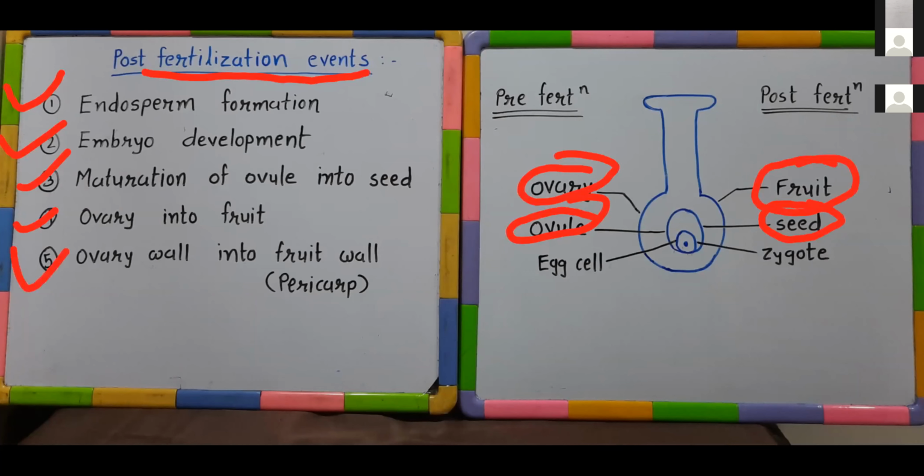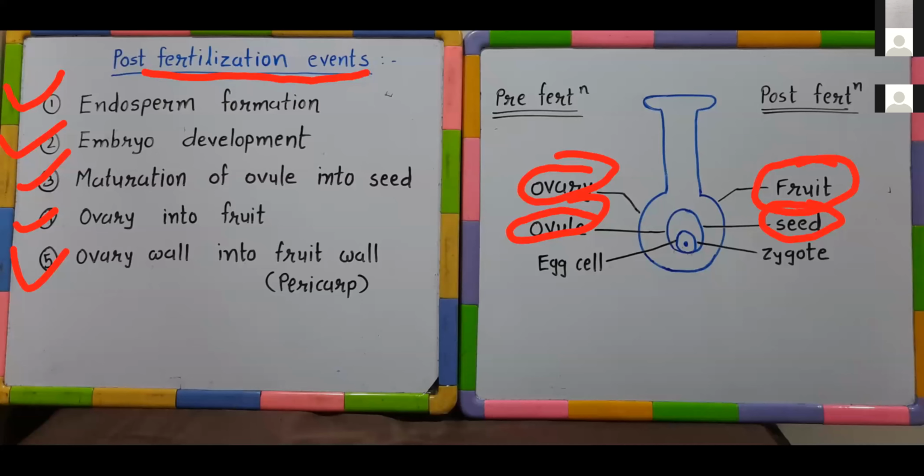And the wall of ovary shall now be called the fruit wall, for which another term is given, that is called the pericarp. So endosperm formation, embryo formation, maturity of ovule into seed, maturity of ovary wall into fruit wall or a pericarp, and maturity of an ovary into the fruit.